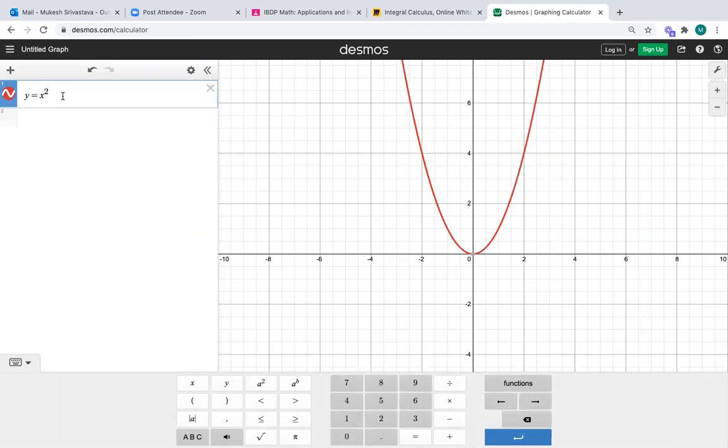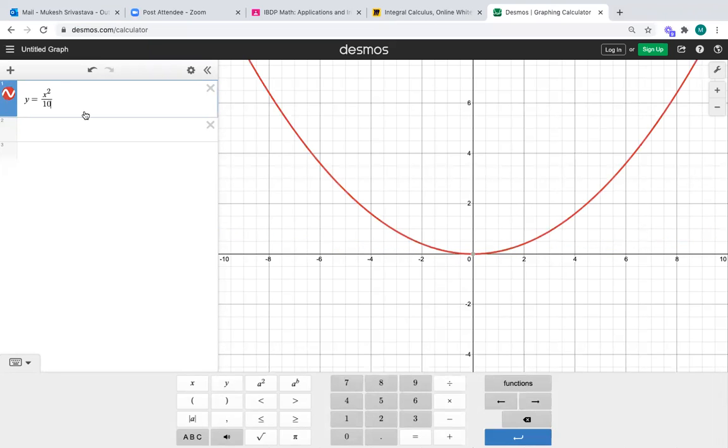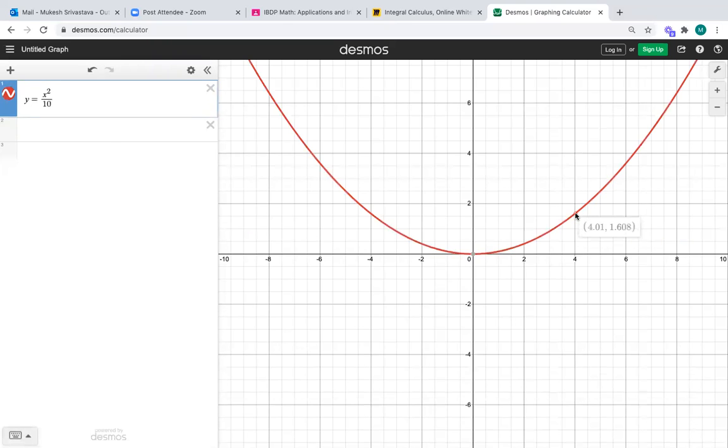I think I'll make it x square upon 100 so that the curvature is less. Okay. Now let me take a point here.